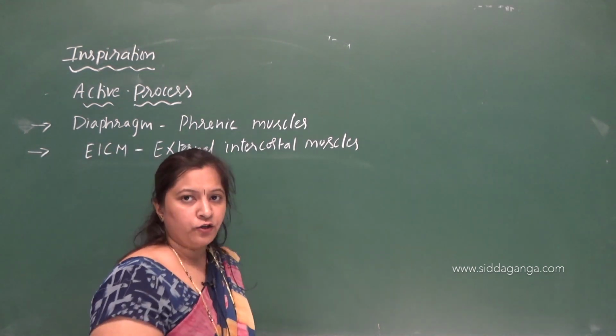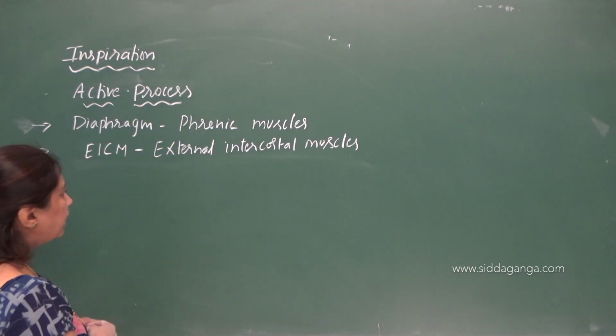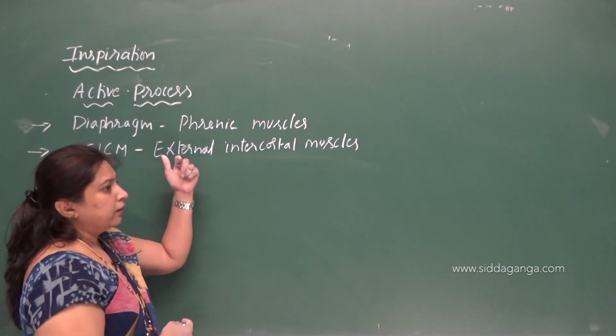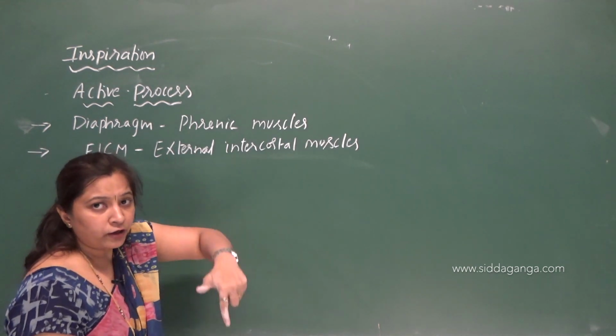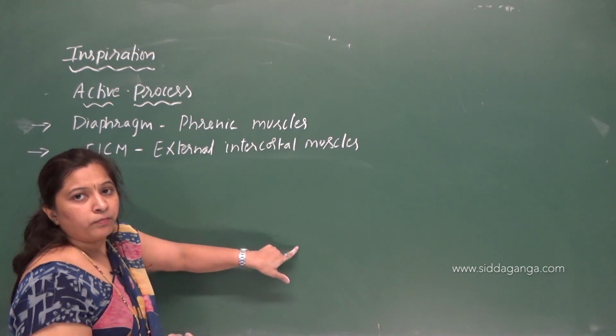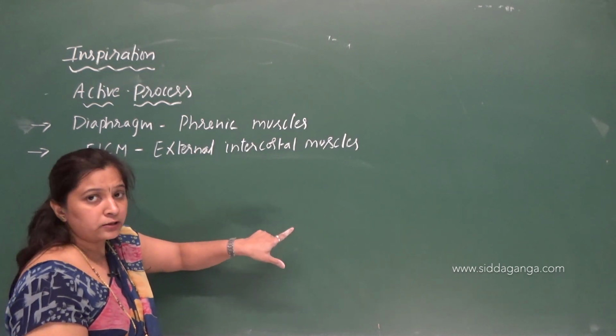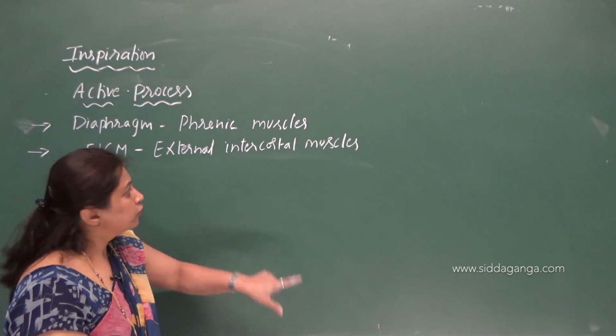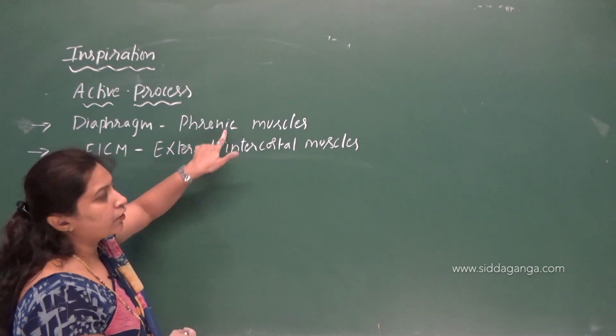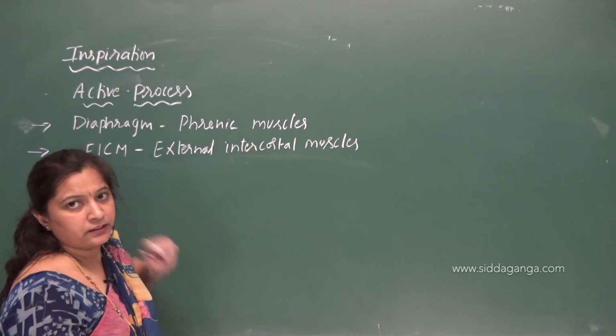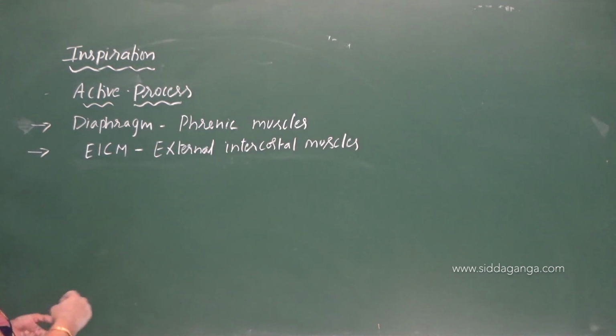So for atmospheric air to enter the lungs, the pressure inside the lungs must be brought down. This is done by the contraction of these two muscles. Let us see what happens during inspiration.